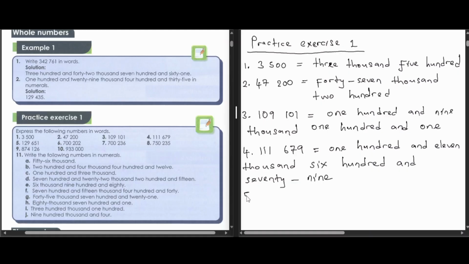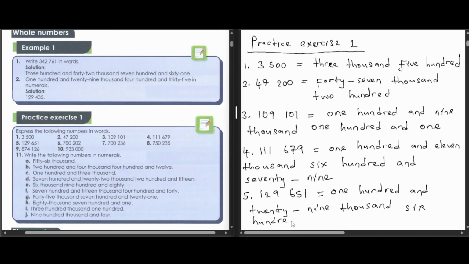Number 5, 129,651. Ichi 129, saka 20 todaiso 9,000, 129,600 and 51.